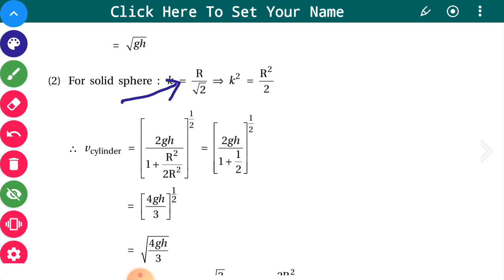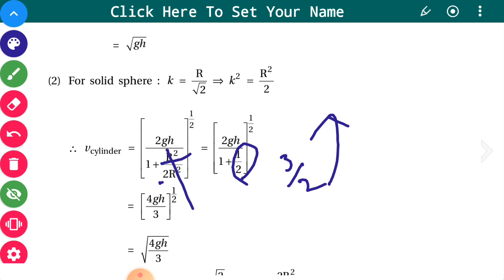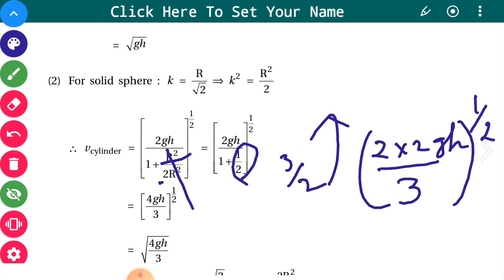See, instead of that k square we have written r square by 2, so this r square is cancelling out, so we will have 1 plus 1 by 2, which is 3 by 2. So this becomes 3 by 2, 2 will go in the numerator and it will be multiplied with 2gh, so it becomes 2 into 2gh, and in the denominator it becomes 3, and the square root of this whole term.